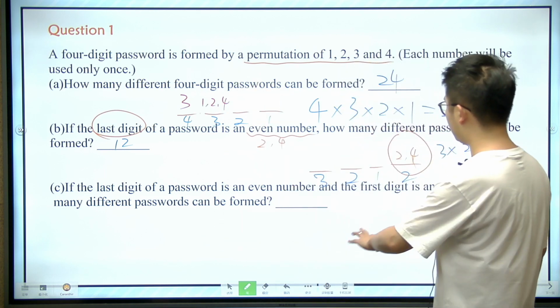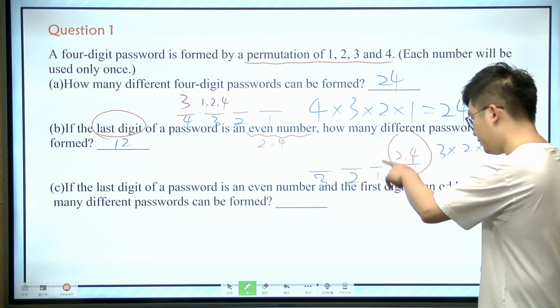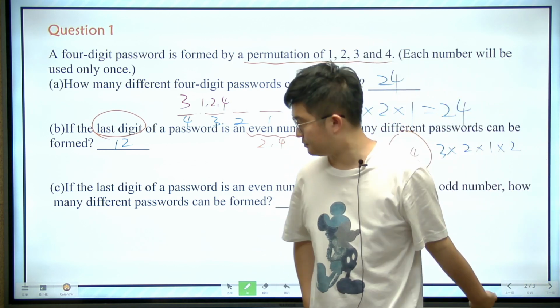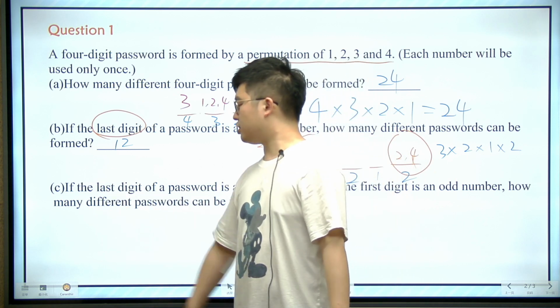Because we have a special request for the last digit, we deal with it in the first place. So the third question: again we have special requirements for certain digits.